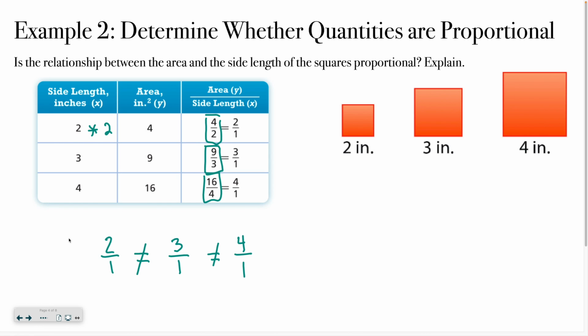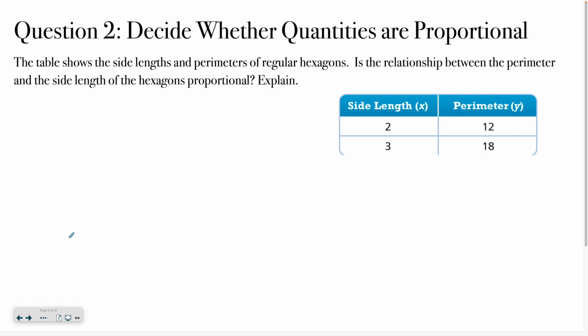Okay, so I want you to take a look at this one. The table shows the side lengths and perimeters of regular hexagons. Just a reminder, regular means all of the sides are equal, and hexagon means that there are 6 sides.